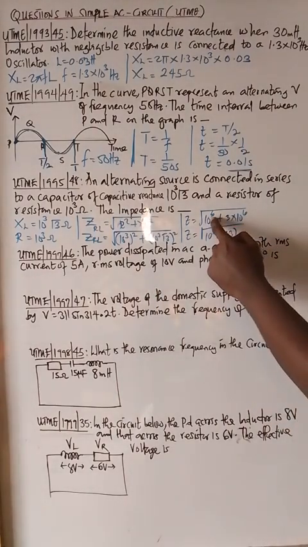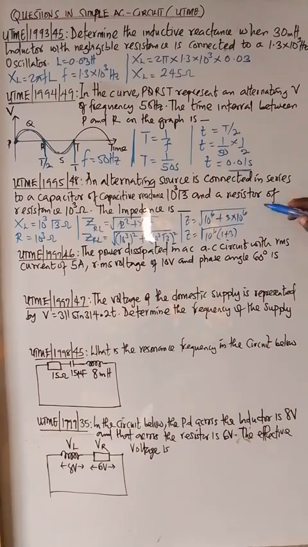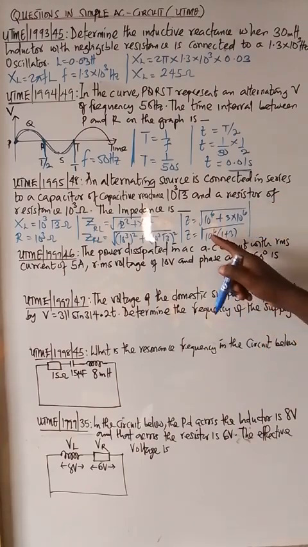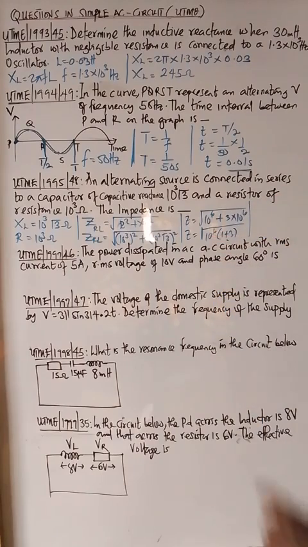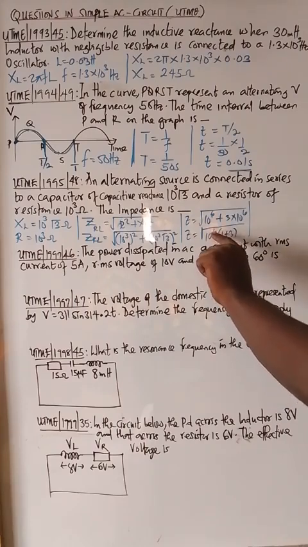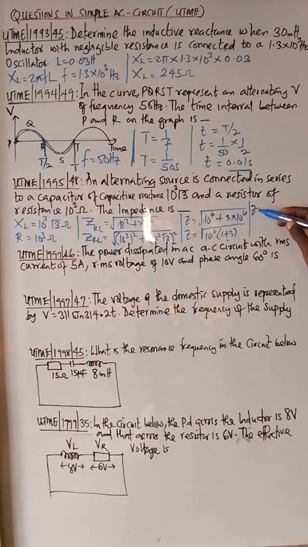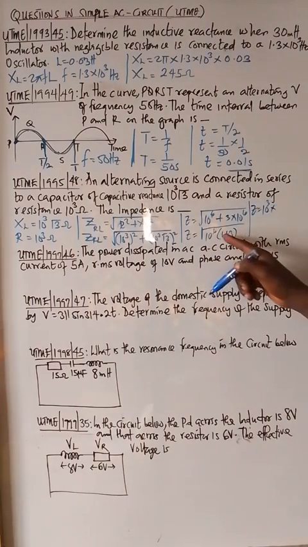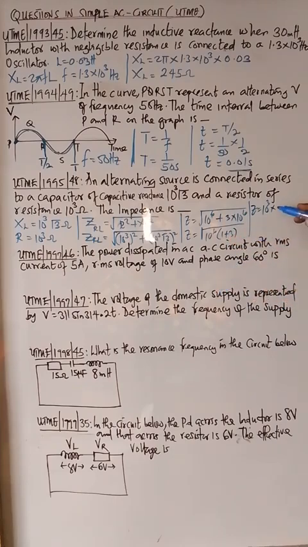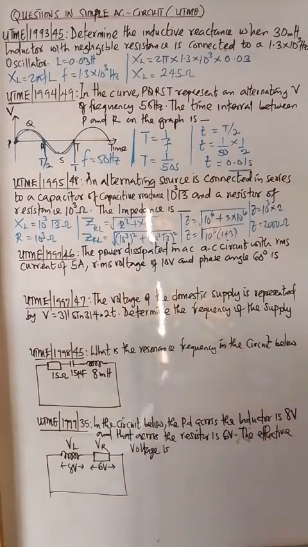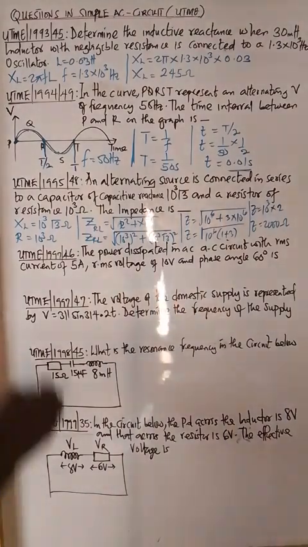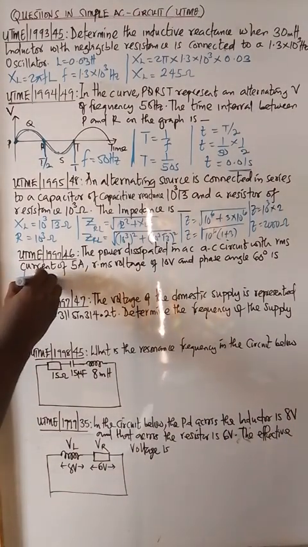Square root of 10⁻⁶, square root means half, so half of 6 is 3. So Z becomes 10⁻³ times root 4, which is 2. So the impedance becomes 2 times 10⁻³ ohms. That is the impedance.